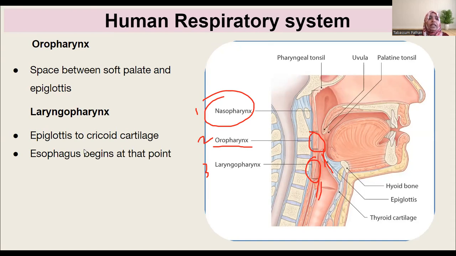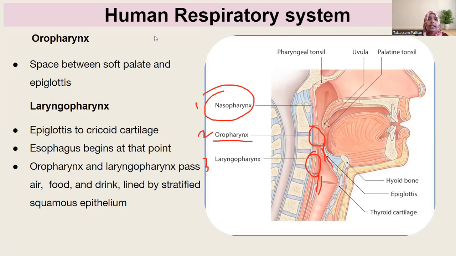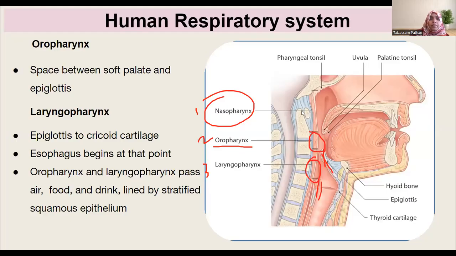Okay, and the oro and the laryngopharynx. So the function of the oropharynx and the laryngopharynx is basically passing all the food and drink that we have, and also the air which is coming from the nose. So all of this will come into the oropharynx and laryngopharynx.